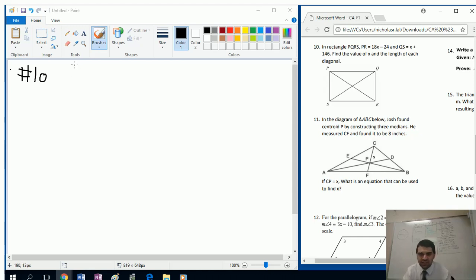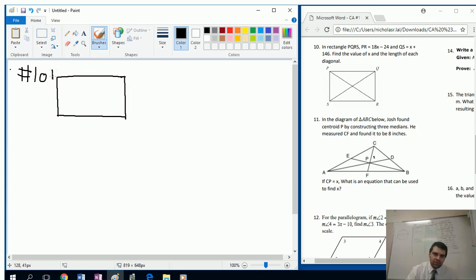Find the value of x and the length of each diagonal. So we're going to have P, Q, R, and S.